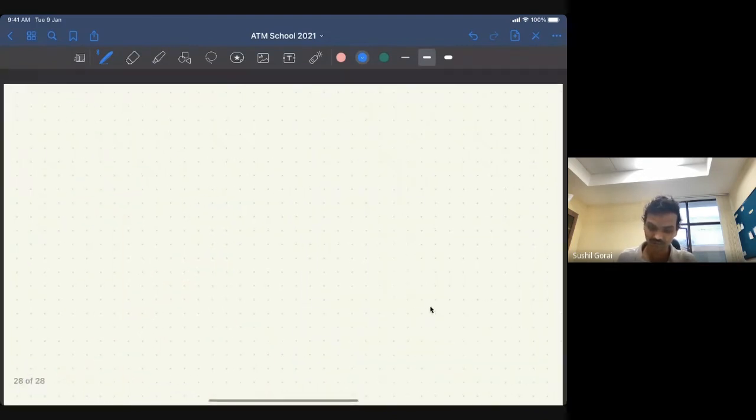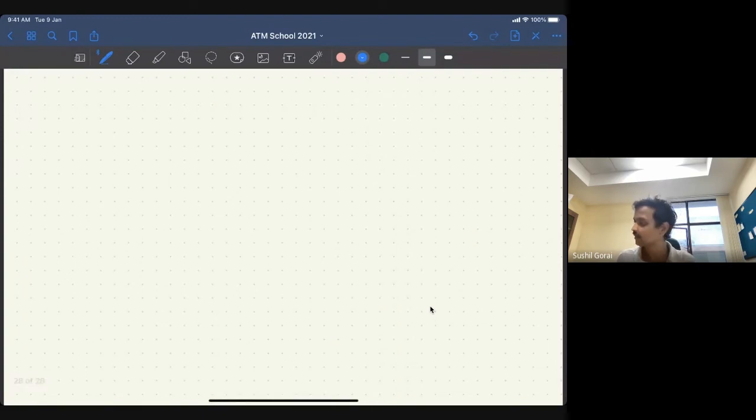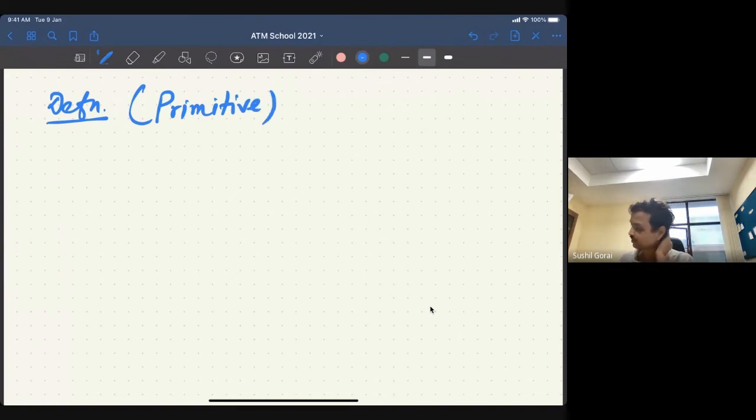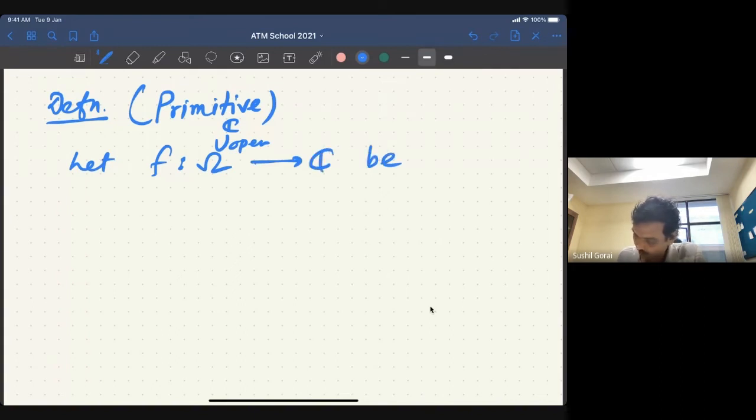Okay, so a definition, which is primitive. So you have already seen it. So what is a primitive? Let f from omega, which is a domain in C or an open set in C, be continuous.